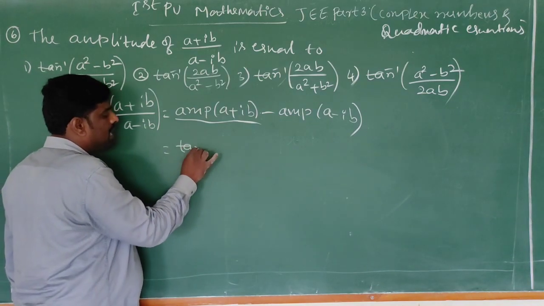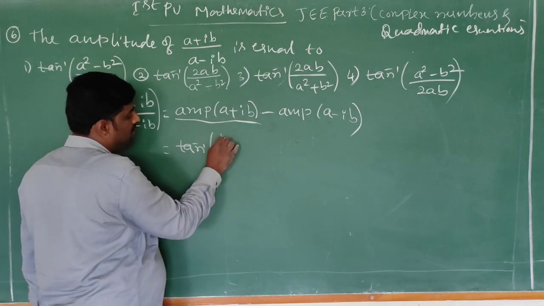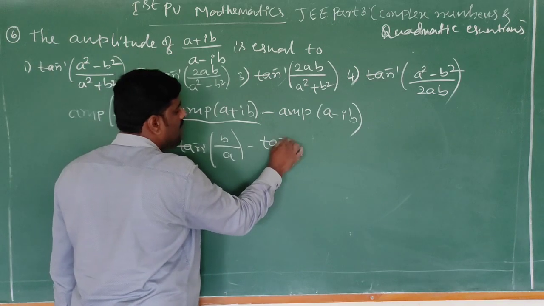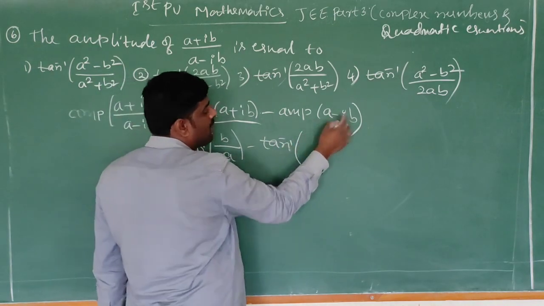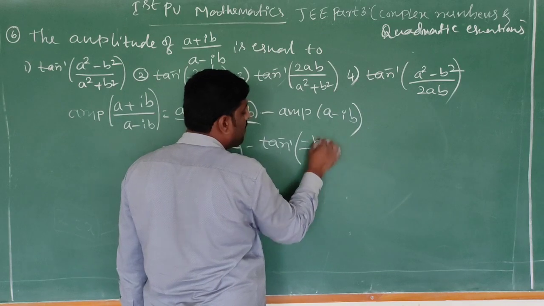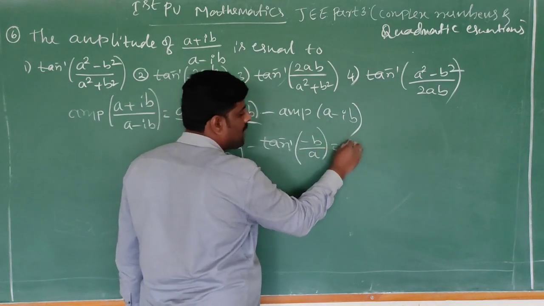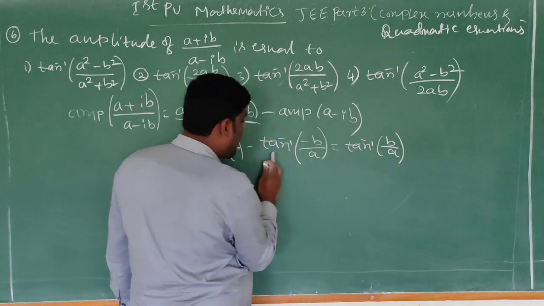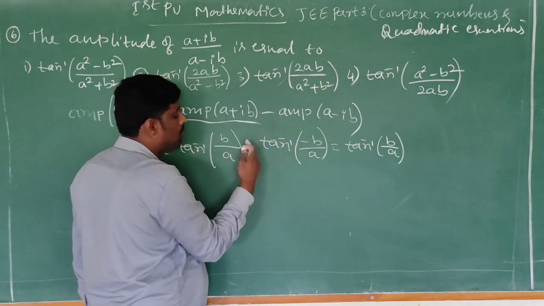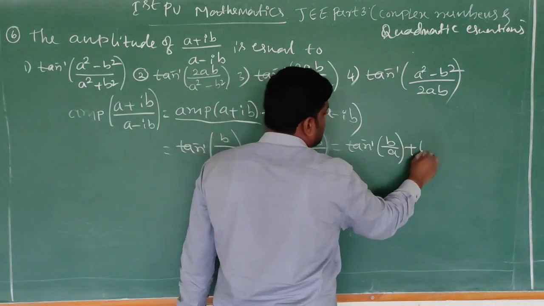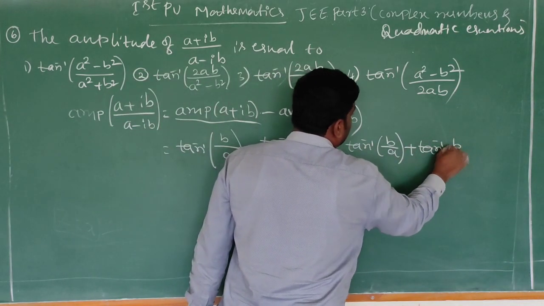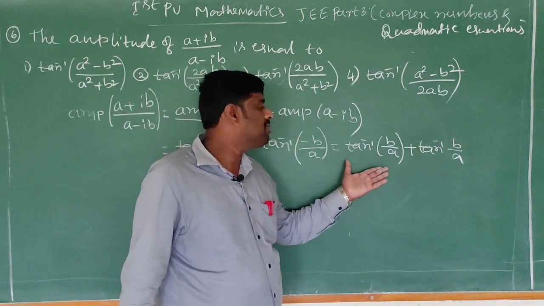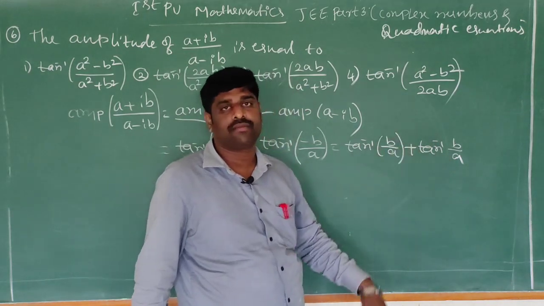That is tan inverse b by a, minus tan inverse of minus b by a. Tan inverse of minus theta is minus tan inverse theta, so this can be written as tan inverse b by a plus tan inverse b by a, which is of the form tan inverse x plus tan inverse y.